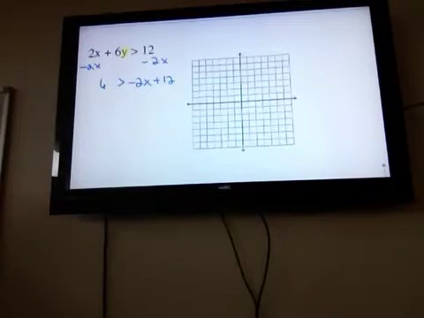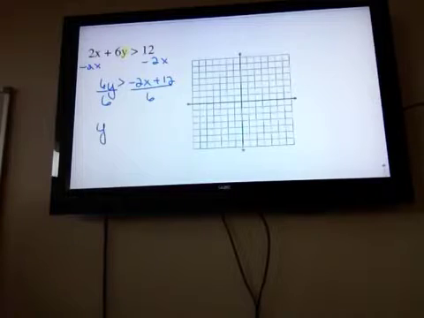I'm not going to erase that, which is what I did. Divide by 6. So I have y is greater than negative 2 over 6. Now if you want to leave it negative 2 over 6, it's still going to work. I personally would reduce it to negative 1/3.